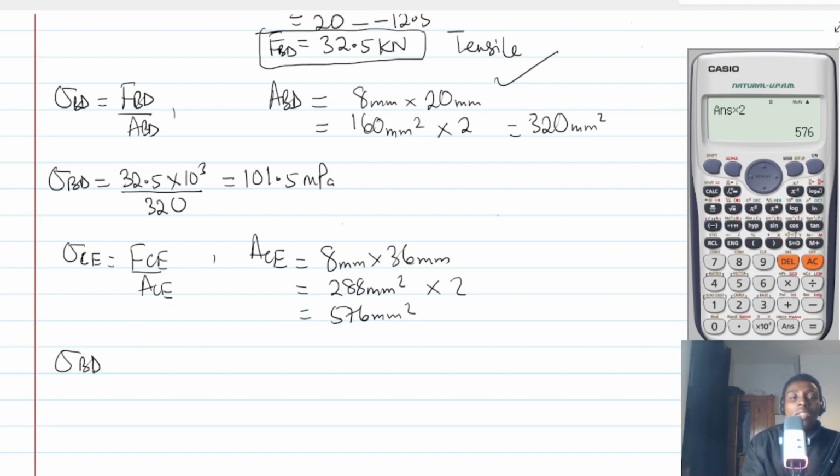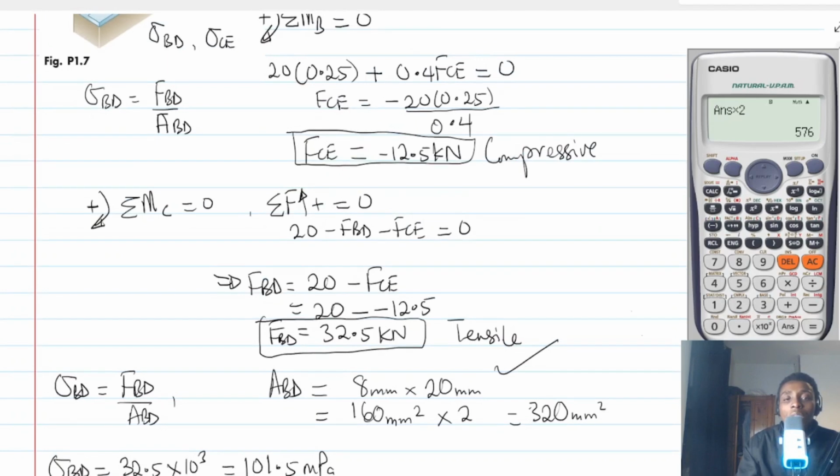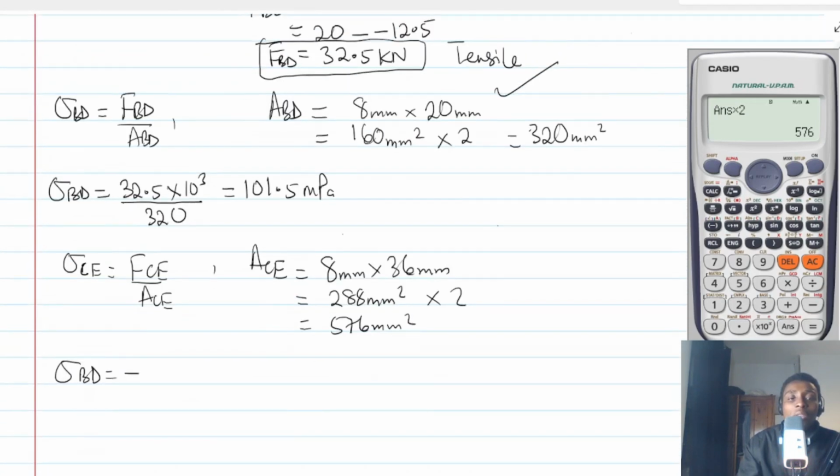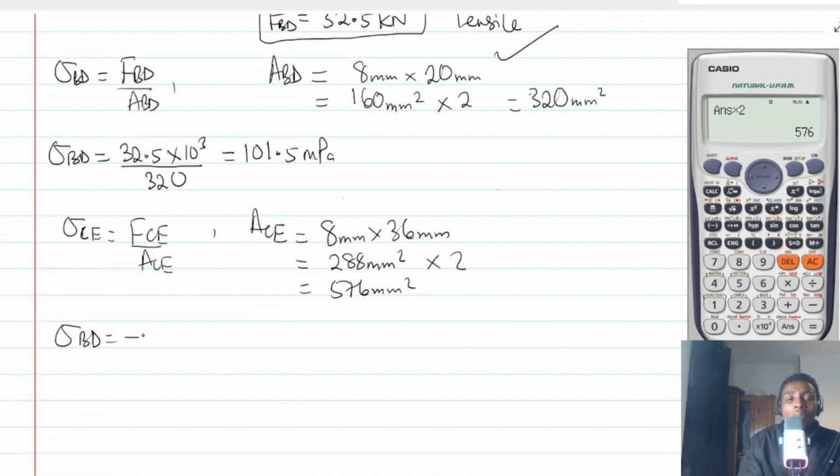Now sigma CE is going to be minus 12.5 multiplied by 10 to the power 3 divided by 576.